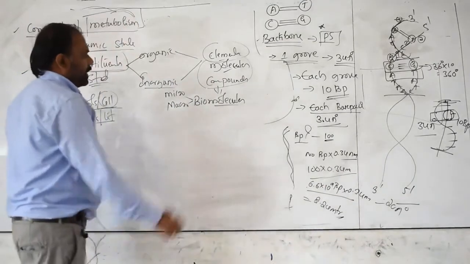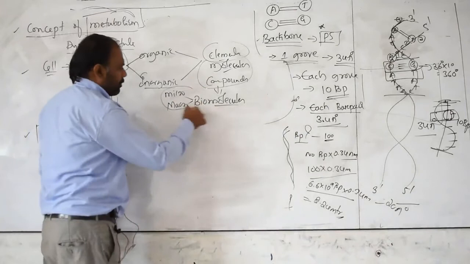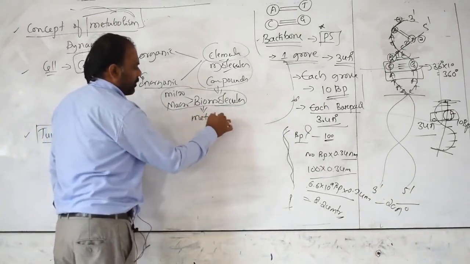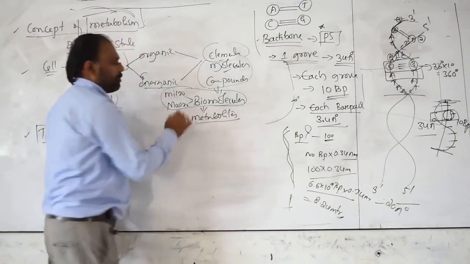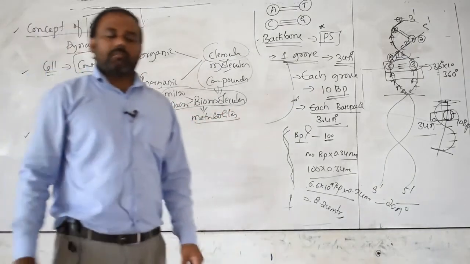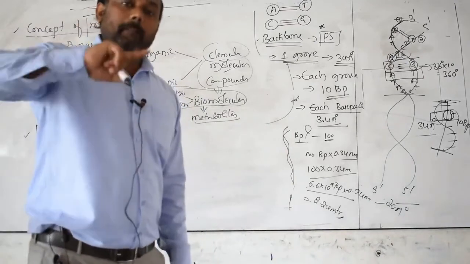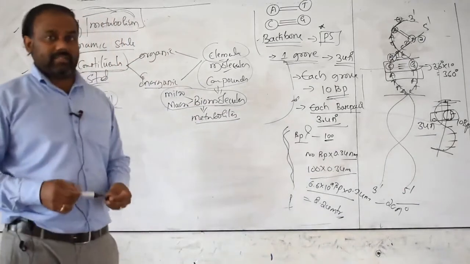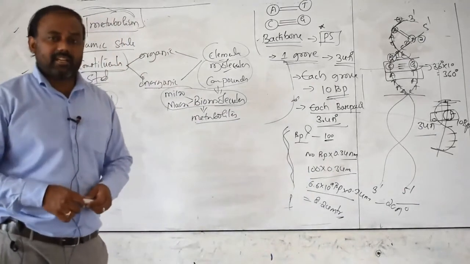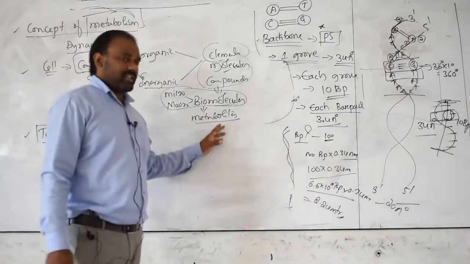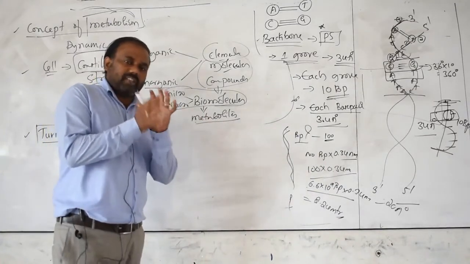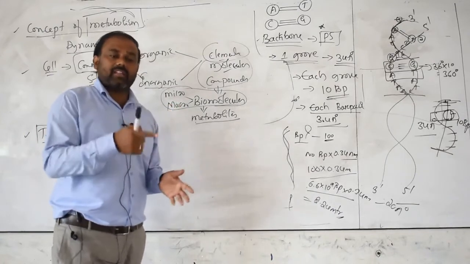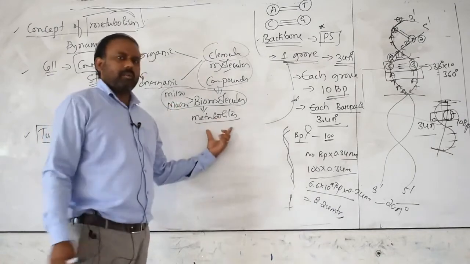At the same time, these biomolecules are in the form of metabolites. Materials formed during metabolism are called metabolites. Already we discussed primary metabolites and secondary metabolites in plants. Metabolites are molecules formed by animals, plants, fungi or bacteria during their metabolism.